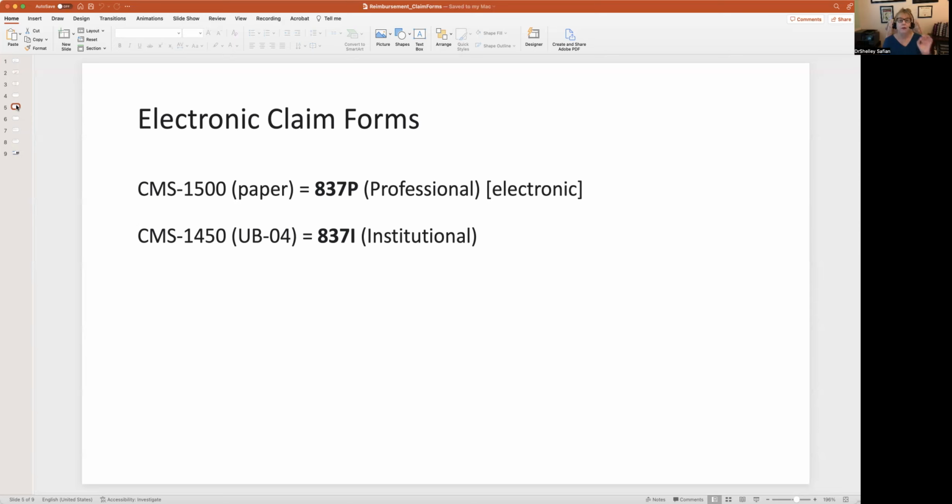Okay, so P for professional, P for physician, and then I for institutional, as in hospital. I know hospital doesn't begin with an I, but it does have an I in it. Does that count? Okay, so you can memorize that part.